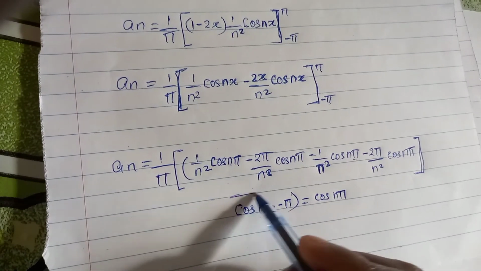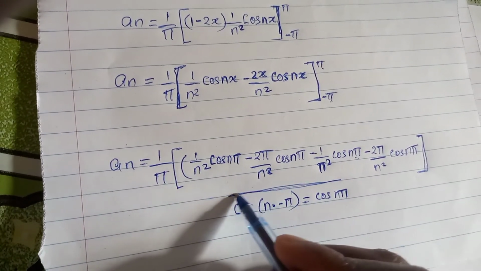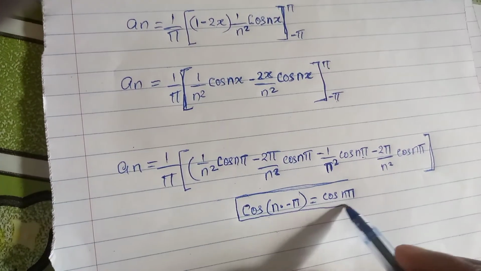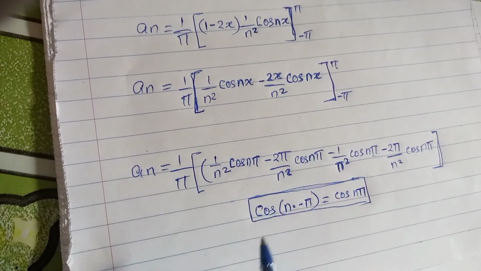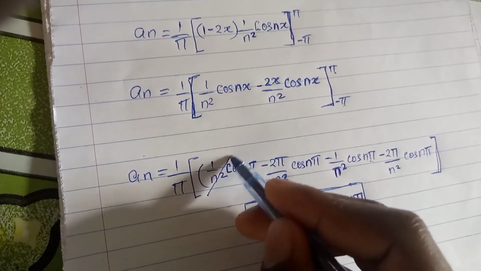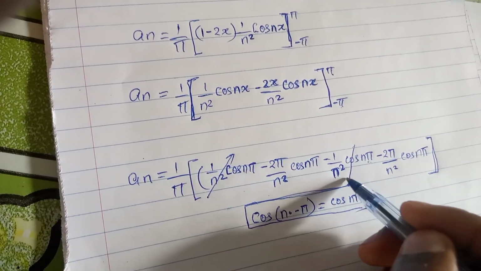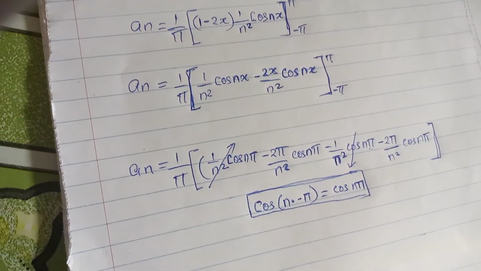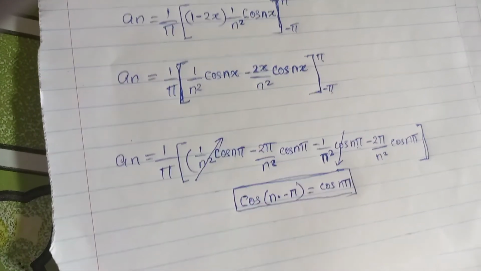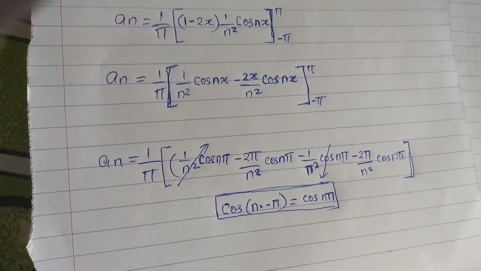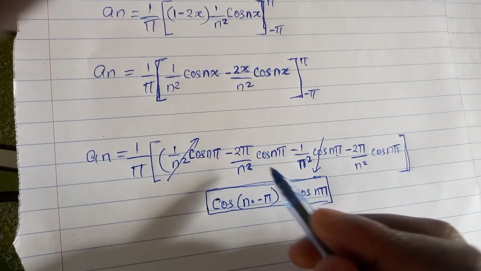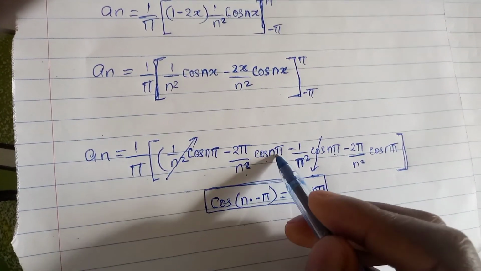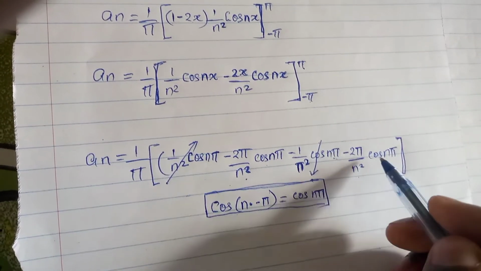This one is also an identity. Then from there we will simplify. This one will cancel with that, that one will cancel with that, and then we are going to remain with negative 2 pi over n squared cos n pi and negative 2 pi over n squared cos n pi.